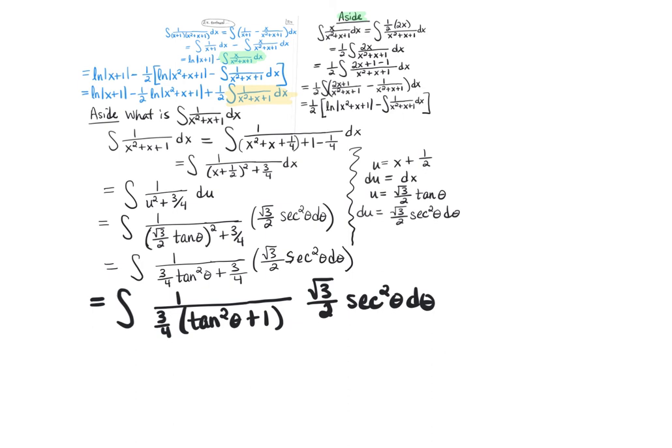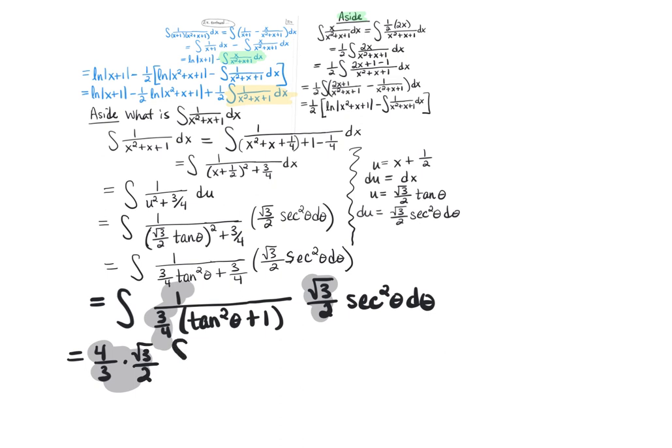So 1 over 3/4 is 4/3, right? So we're going to pull this 4/3 out. Remember, that came from 1 over 3/4. We're also going to pull out this and this. That's where the following comes from.